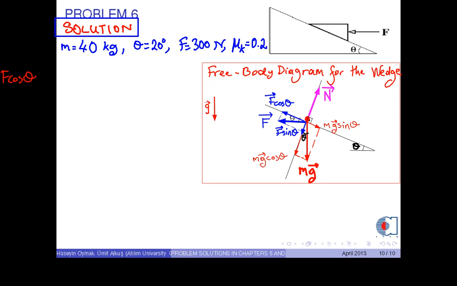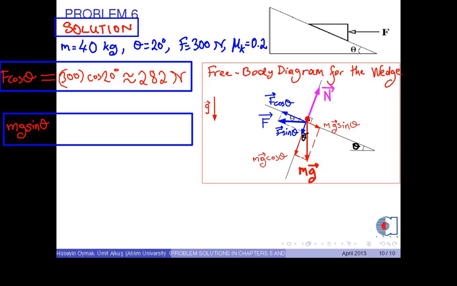They are F times cosine theta equals 300 newtons times cosine of angle 20 degrees, which is approximately 282 newtons, and m times g times sine theta equals 40 kilograms times 9.8 meters per second squared times sine of angle 20 degrees, which is approximated as 134 newtons.